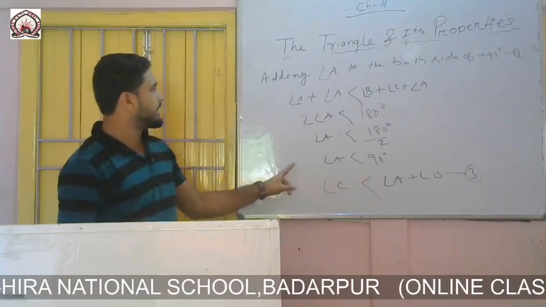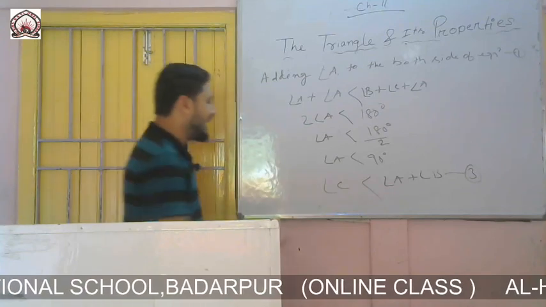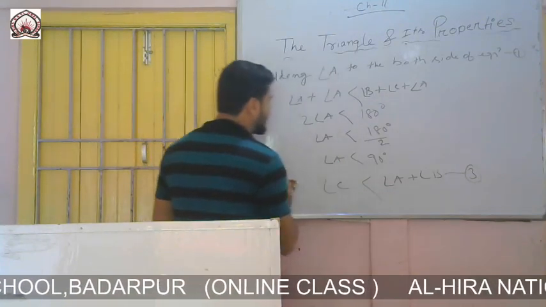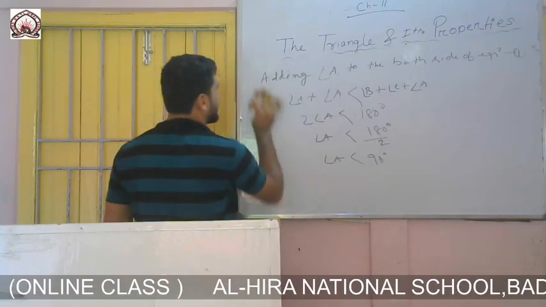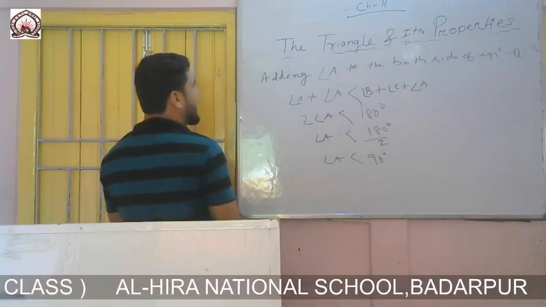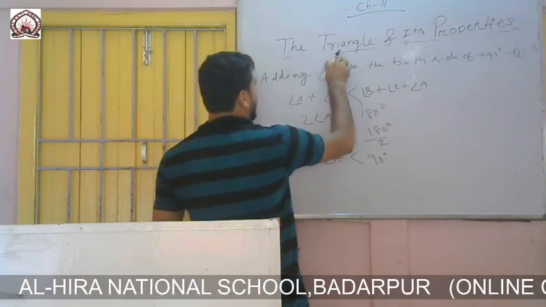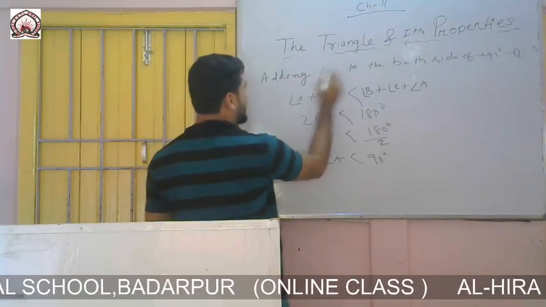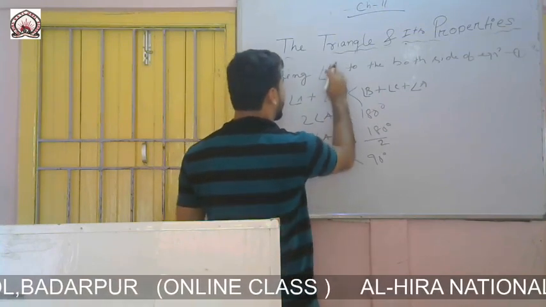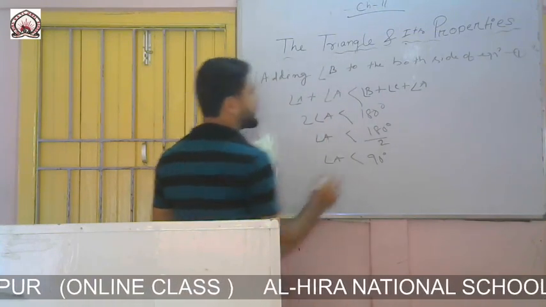So like this one, you just do for the angle B. Now write adding angle B. After that you write again, I am just replacing, but you write fully.